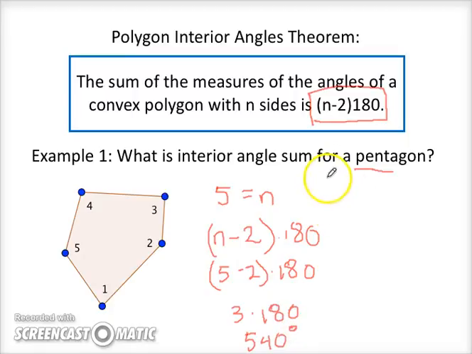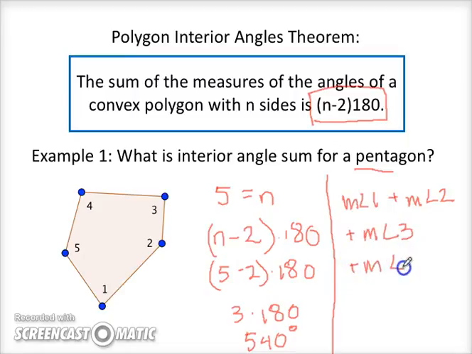So what we're finding here is that the measure of angle 1 plus the measure of angle 2 plus the measure of angle 3, all of these angles added up will equal 540 degrees.